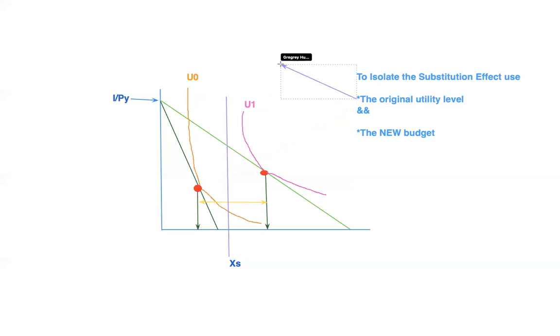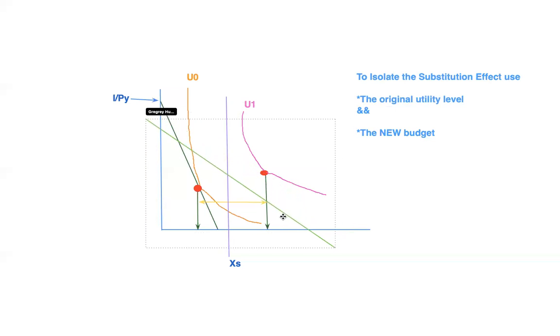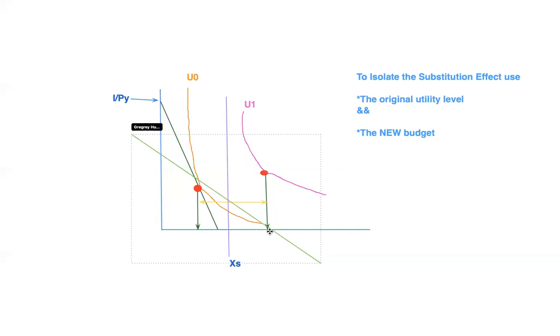So now back to XS. I want to point out that I could take this new budget constraint and find a point of tangency between it and the original indifference curve.